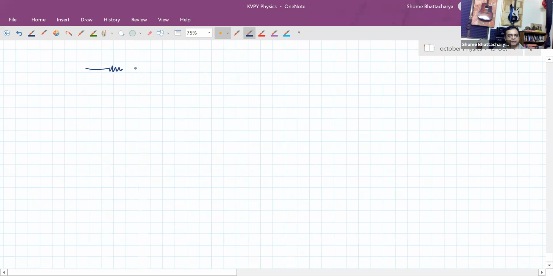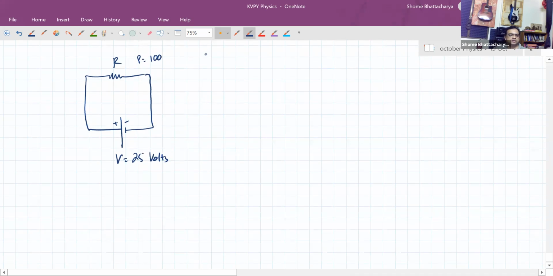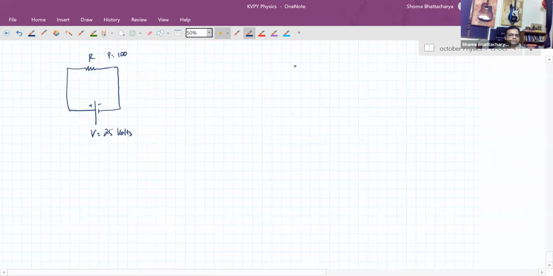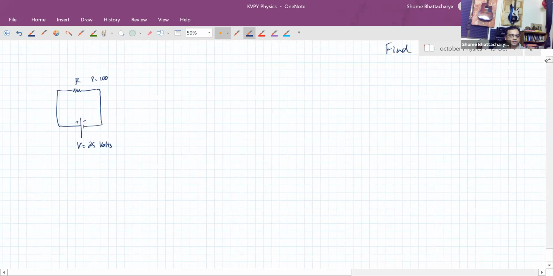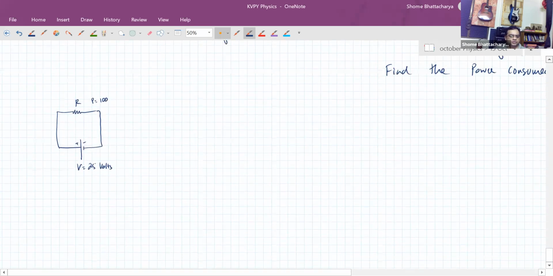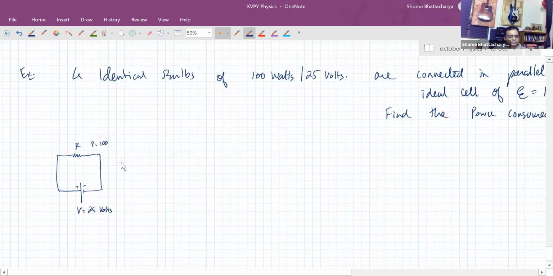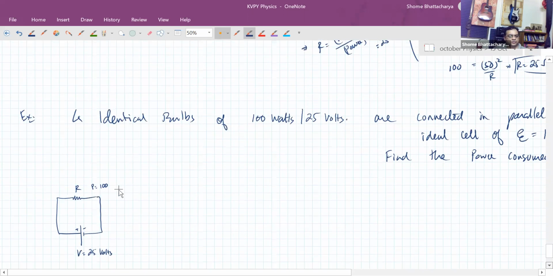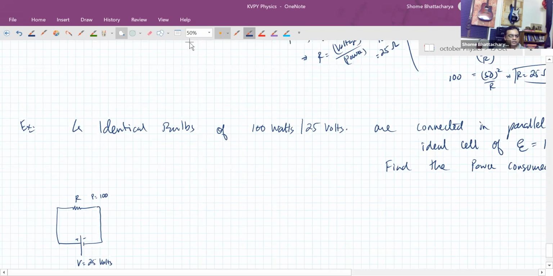So let's start with understanding the rating that is given. If a single bulb has a certain resistance, and I connect it to the given rated voltage, which was 25 volts, right? It consumed a power of 100 watts when connected in this way.